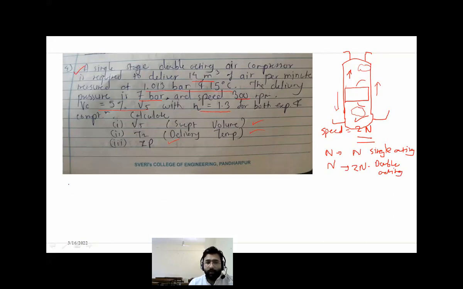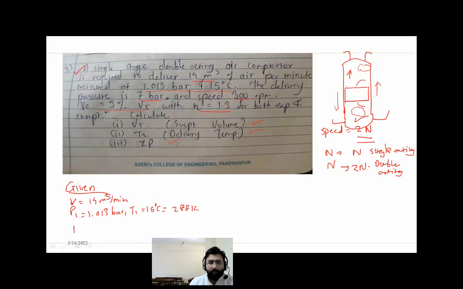So write down the given data one by one. How much air is required to deliver? 14, right? So volume flow rate is 14 meter cube per minute. Suction pressure P1 is given, 1.013 bar. They have given T1, that is 15 degrees Celsius or 288 Kelvin.